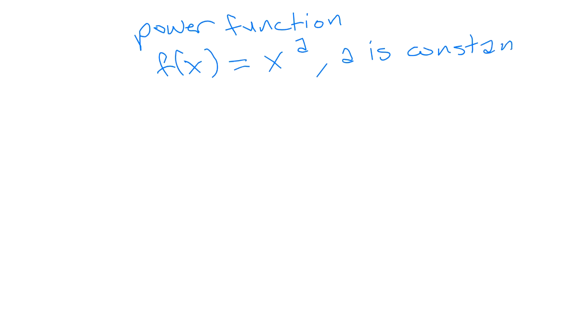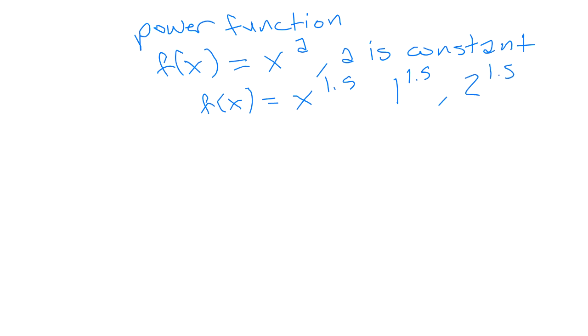So for example, that would be, let's say, f of x equals x to the 1.5. That a is always going to be constant, but we can change whether we want to plug in 1, so we can have 1 to the 1.5, 2 to the 1.5, so on and so forth.